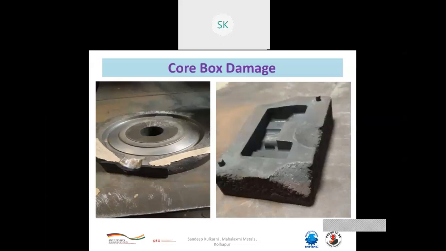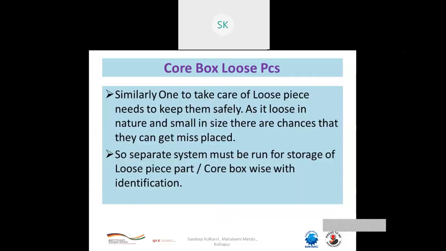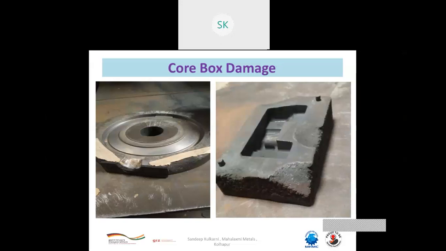You can see some of the photographs of the damages, how these damages are there, and how they will affect your core quality badly. So this is one example of a core box with damage. This mainly happens in shell core, because in shell core people are not using a wooden hammer.